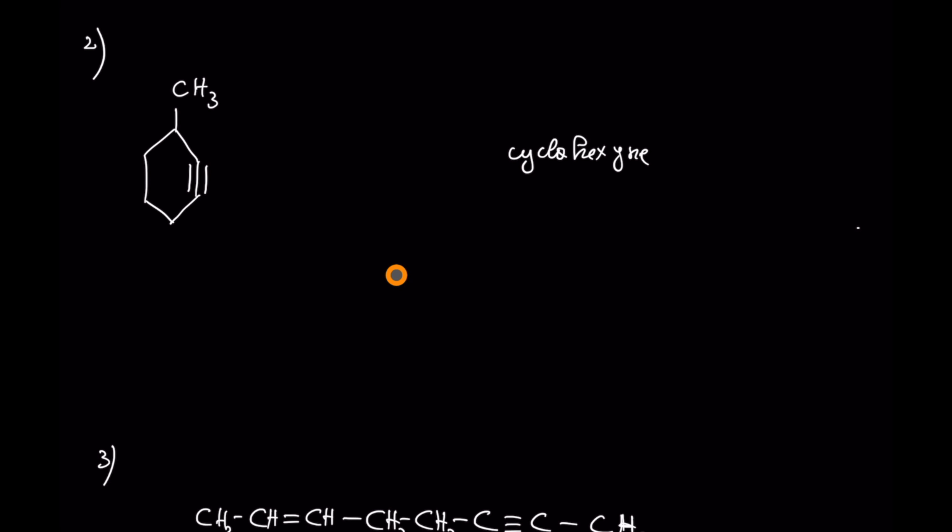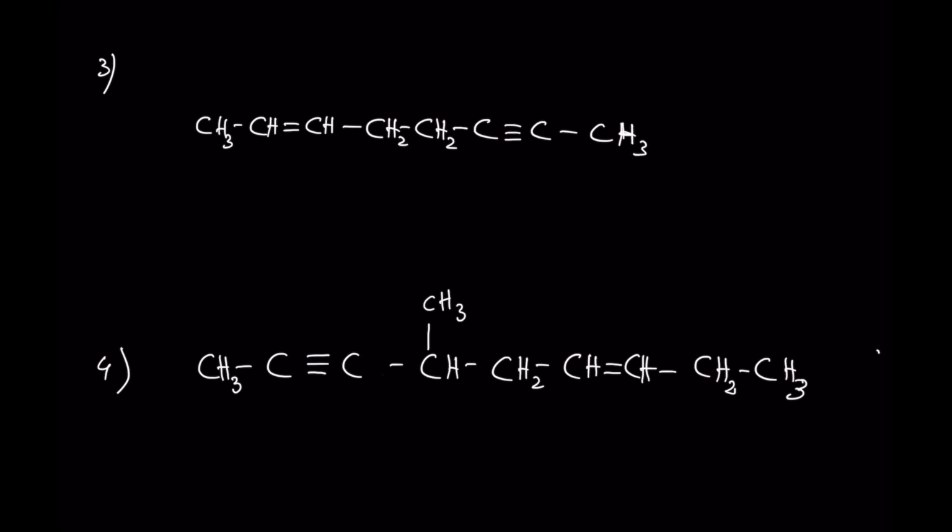So in order to name the substituent, we are going to start counting to give the triple bond the lowest possible number. So first, second, third. Be careful, don't start here, like first, second, because you do not include the triple bond in that case. So the final name is going to be 3-methylcyclohexyne.